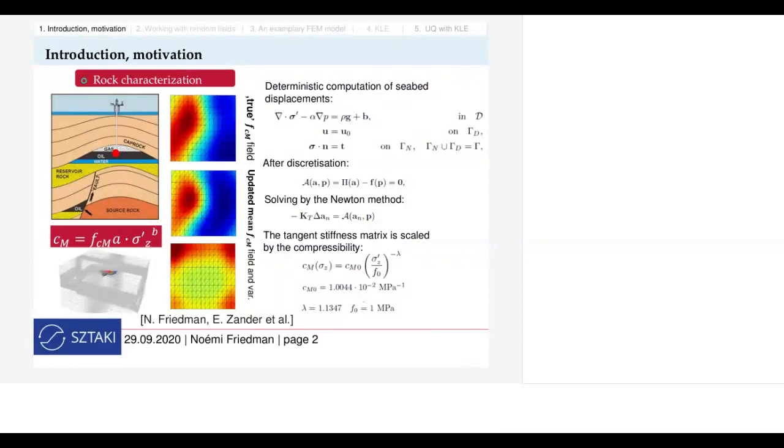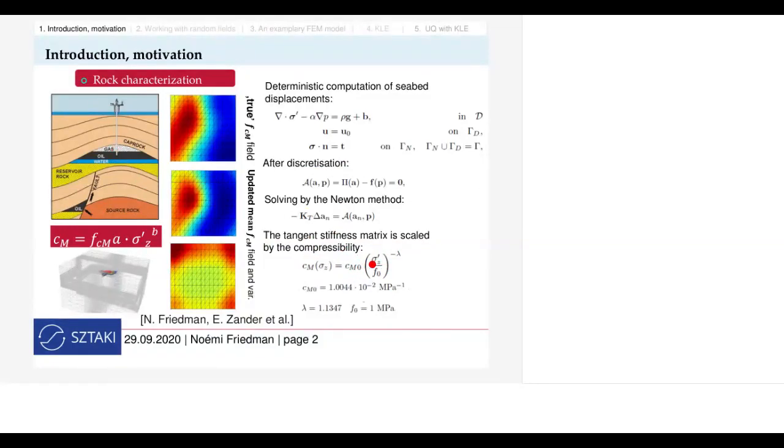And the problem was that their prognosis for the displacements was way smaller than what the experiments showed. And the idea was that this is the way to formulate the equation that I will shortly talk about. But everything depends on the constitutive model, and the constitutive model depends on the compressibility. And the compressibility was taken to be this term here. So it depends on the effective stress. That's why it's a nonlinear problem, because the constitutive model depends on the actual state of the gas reservoir.